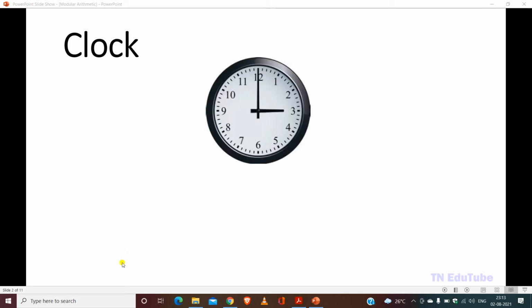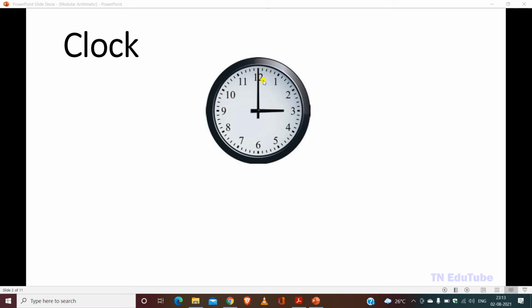You see this clock we always use in our house, isn't it? In this clock, we know that one day is 24 hours, but on the clock, only the numbers 1 to 12 are there. For showing the 24 hours, the clock only has 1 to 12.